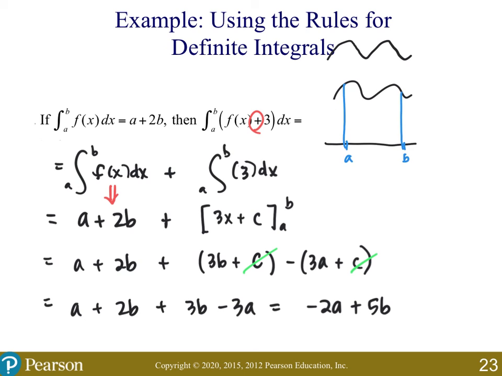And so then that's going to give me a higher amount, and I moved it up 3. So now I've got the original shape, which was a plus 2b, in addition to this new rectangle. And that new rectangle is base times height, so 3 times a minus b.